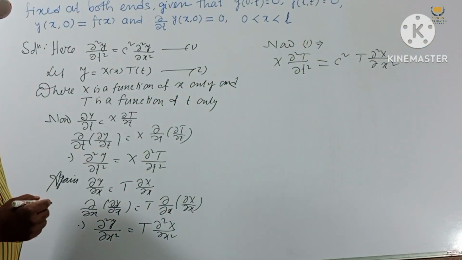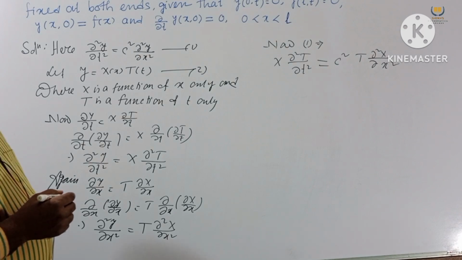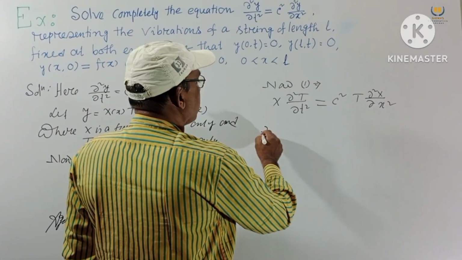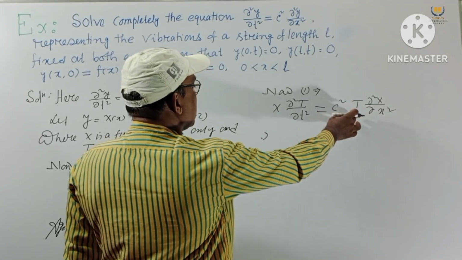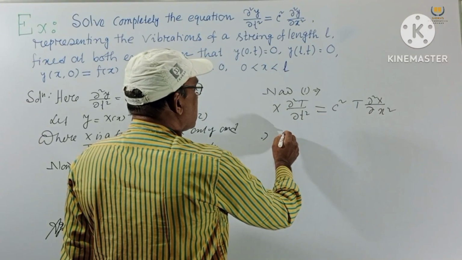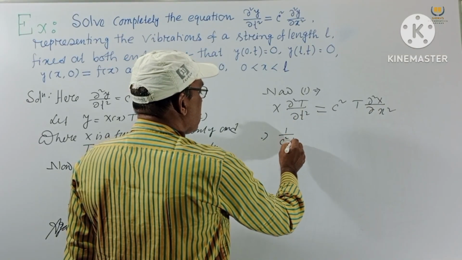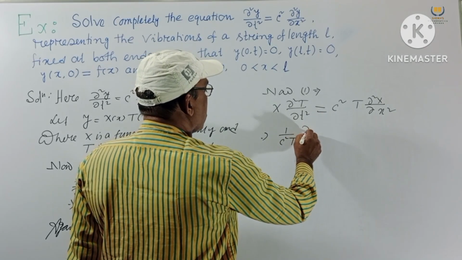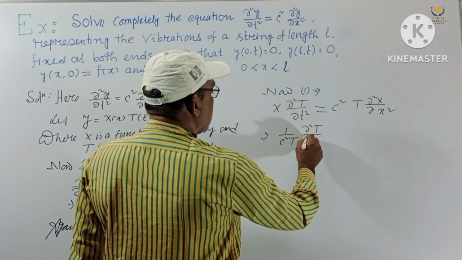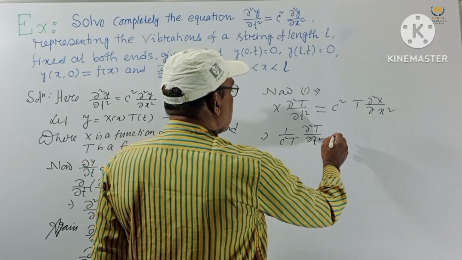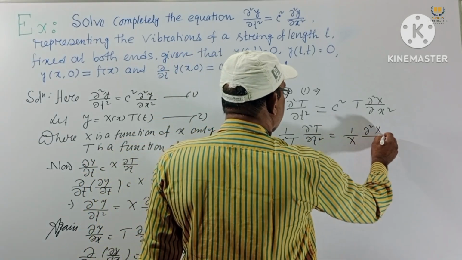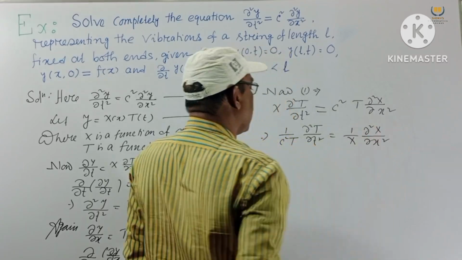We get this one. So dividing both sides by this, we get 1/(c²T) ∂²T/∂t² equal to 1/X ∂²X/∂x².